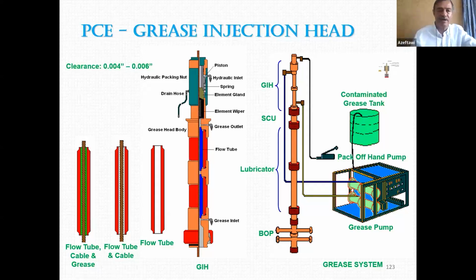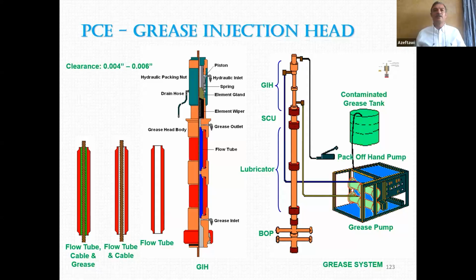Even if you have a leak, it is very, very small. It is true that when you start the job and this drum is full of grease, you end the job and this drum might have half of it, 3/4, 2/3, 1/4.